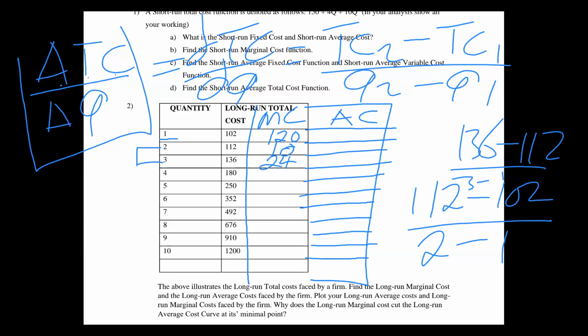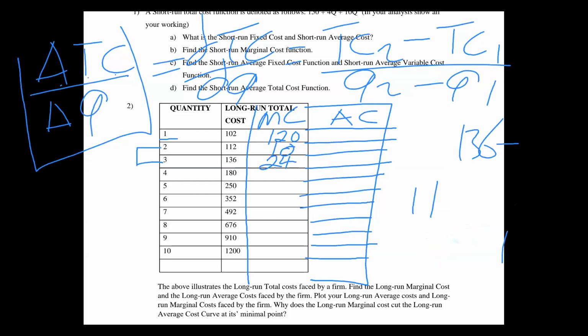Then 180 minus 136, divided by 4 minus 3. 180 minus 136 is 44. 44 divided by 4 minus 3 is still 44.